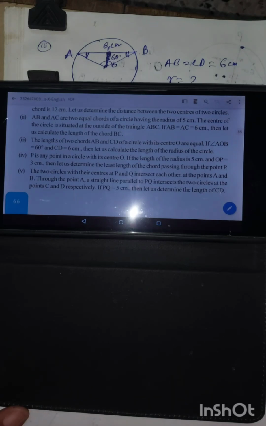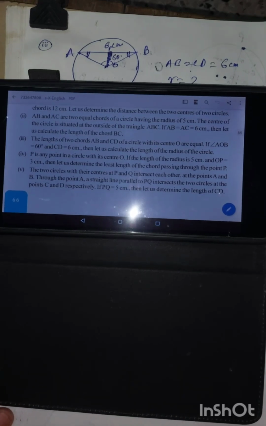Question number 4 says, P is any point in a circle with center O. If the length of the radius is 5 centimeter and OP is equal to 3 centimeter, then let us determine the least length of the chord passing through the point P. Let us see the diagram.